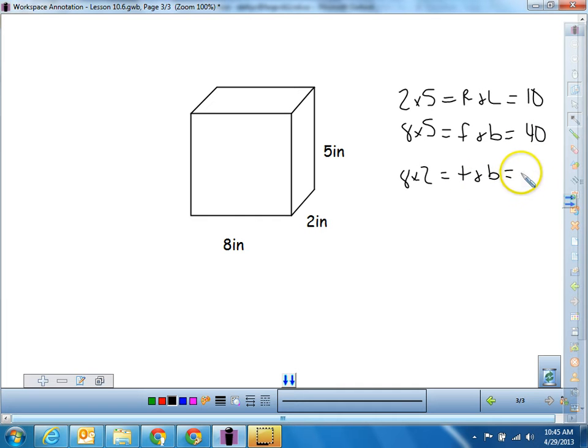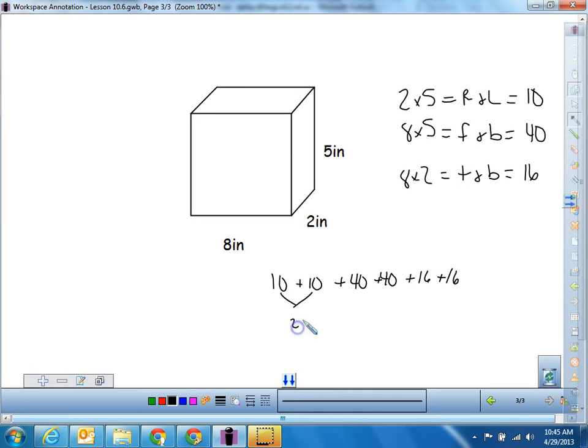And our top and our bottom are each going to be 16. So when we add all of these, we're taking 10 plus 10 plus 40 plus 40 plus 16 plus 16. And if you don't have a calculator, I just start pairing them up.